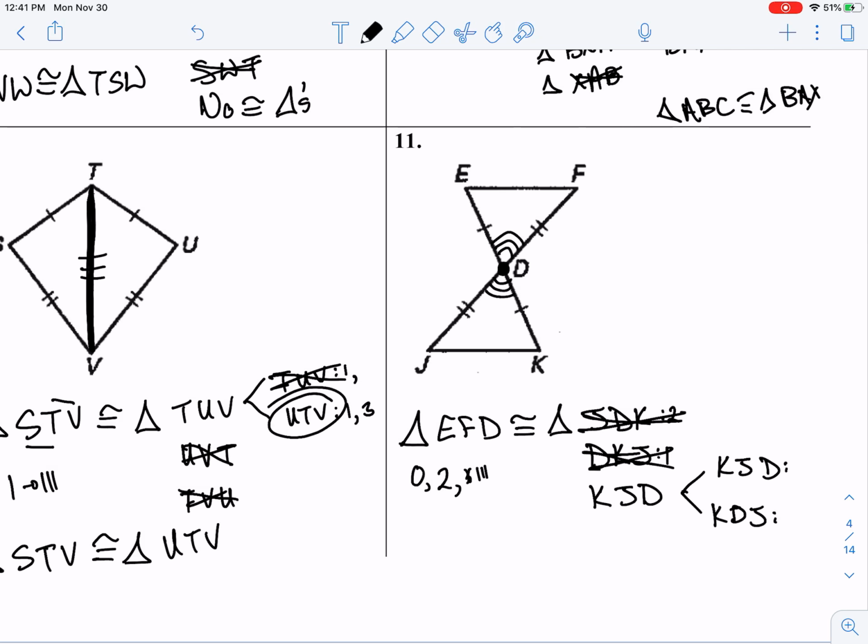So again, both of these start with 0. J to D has 2. K to D had 1. So it was wrong.